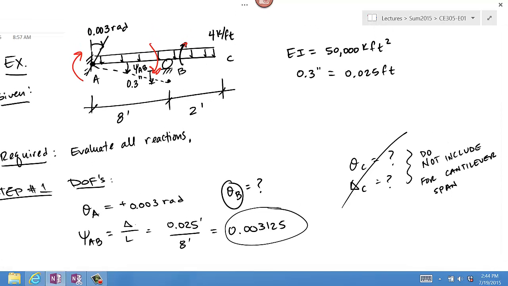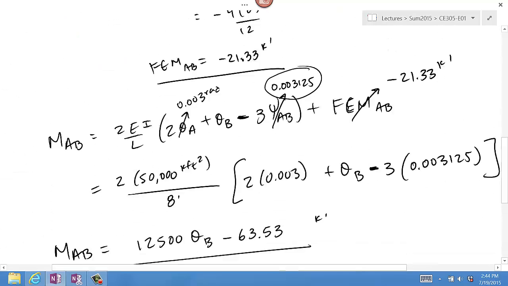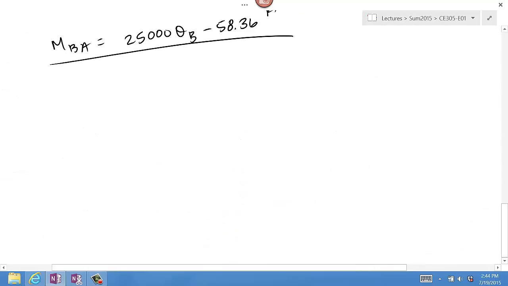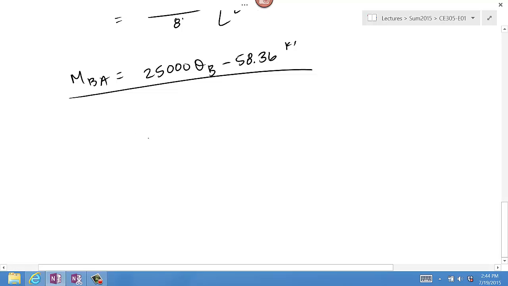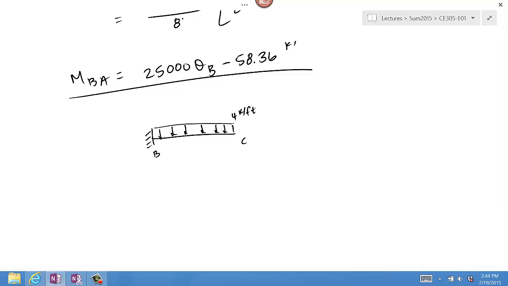And at C it's obviously a free end, so it's a cantilevering span. So this is the free body diagram that I'm going to use. And you would use something similar to this if you ever had a cantilevering span, where this is B and this is C, except that instead of using 4 kips per foot, you would use whatever loading is on that segment, on that cantilevering span.